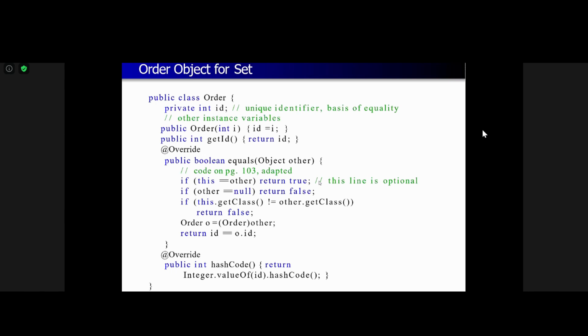You could avoid this because the rest of the code would answer correctly in this case, but I'm following the book on this. And then, more important, we check for null. If the other object coming in is null, there's no way there could be equality because this one is a real object. So that should return false.